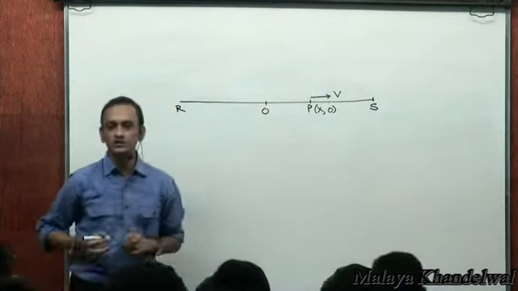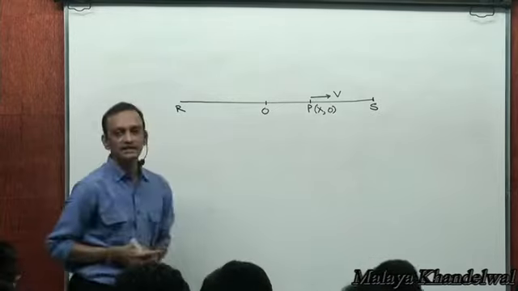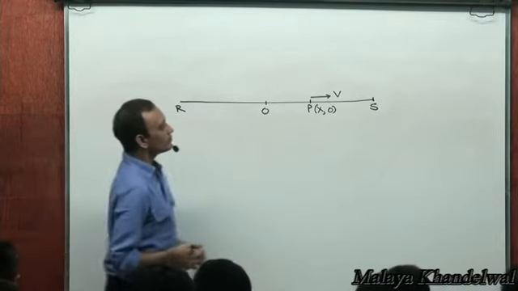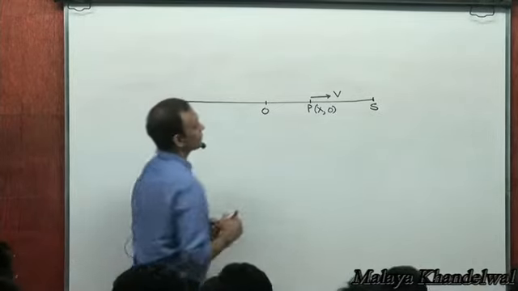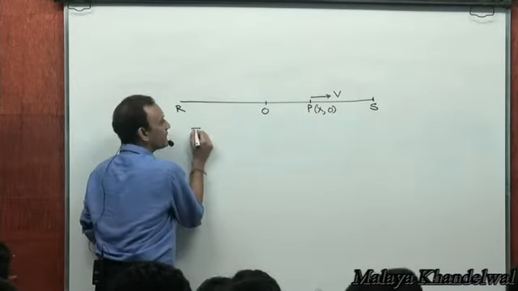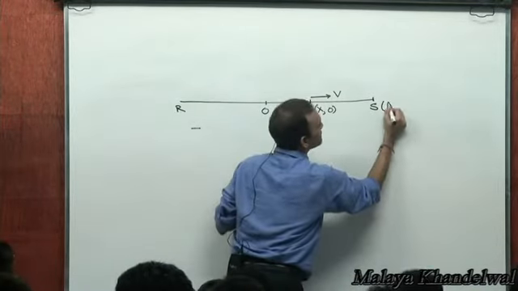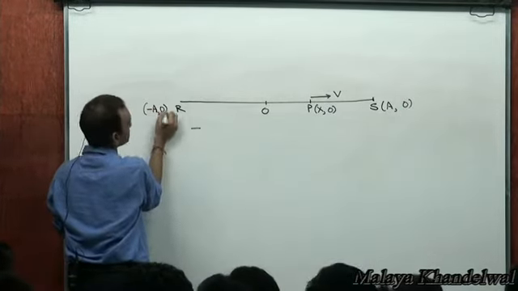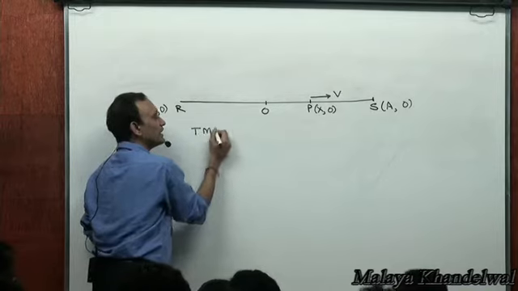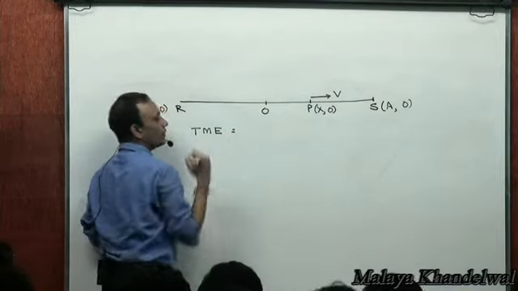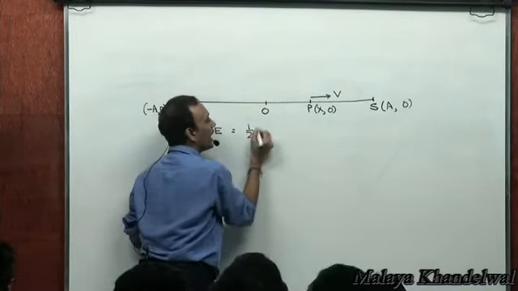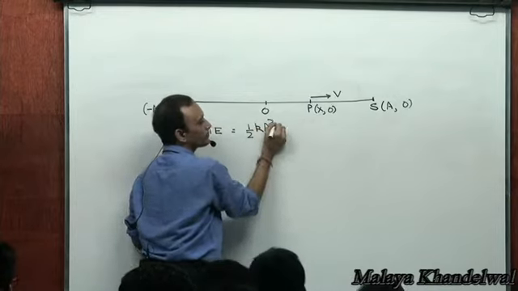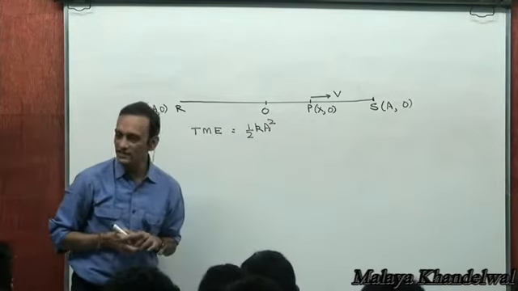Speed of the particle was v at some x0, right? Then let's say for this motion A is the amplitude. A is the amplitude for this oscillator. The total mechanical energy TME will always be half kA squared, right?